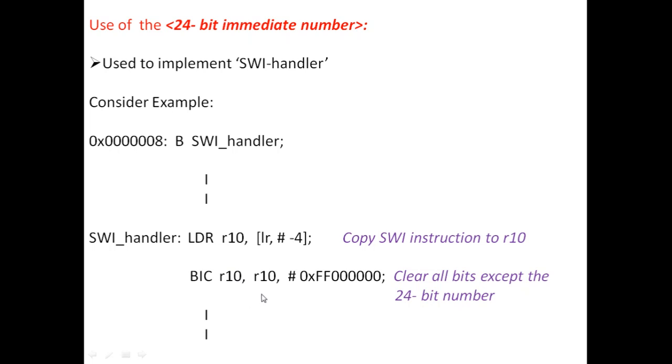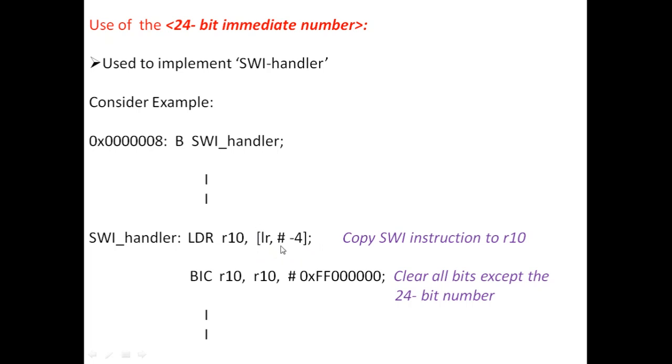You can understand how this is achieved here. This instruction is LDR R10, comma, this address. It will load into R10 the content of the memory location pointed to by this address. You can understand that this address is link register minus 4.